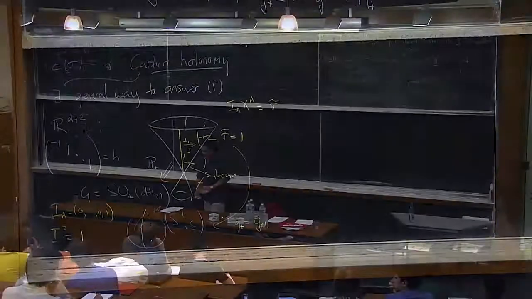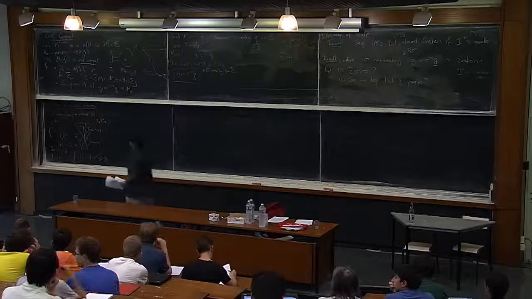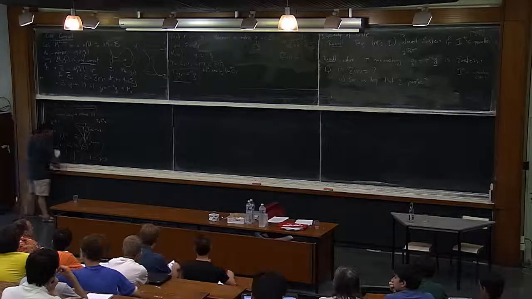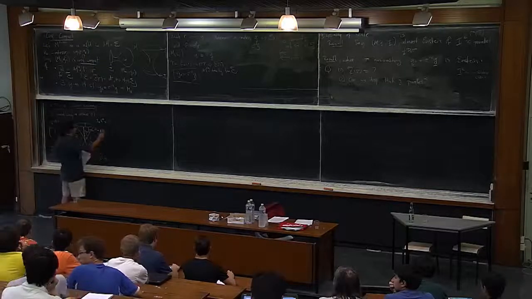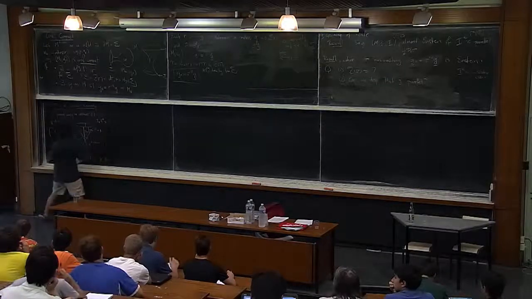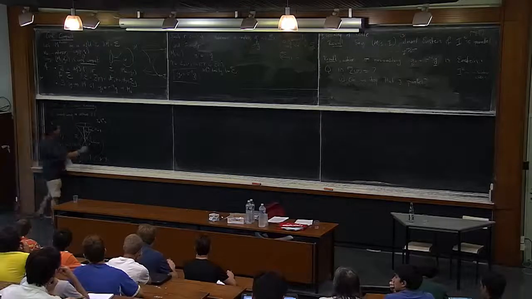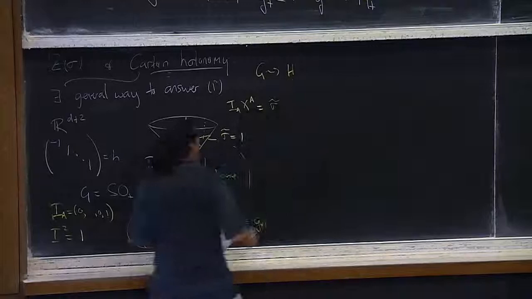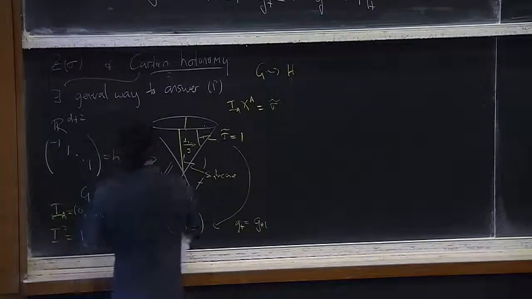Now, by the way, I meant to say, what about in terms of groups? Well, what's the isotropy group of this thing? So G got reduced to H, which is the isotropy group that fixes this vector.